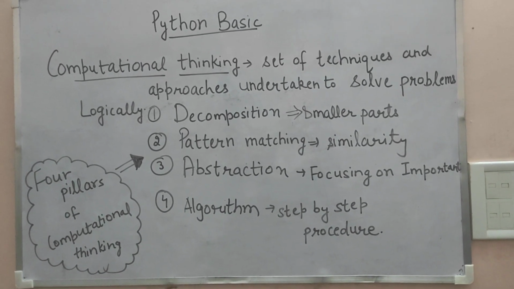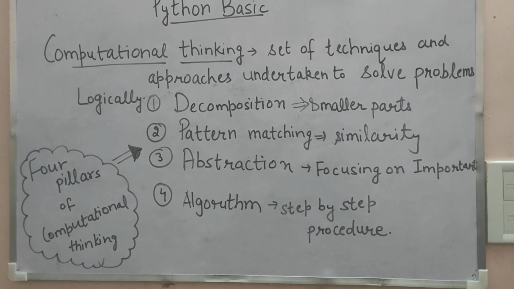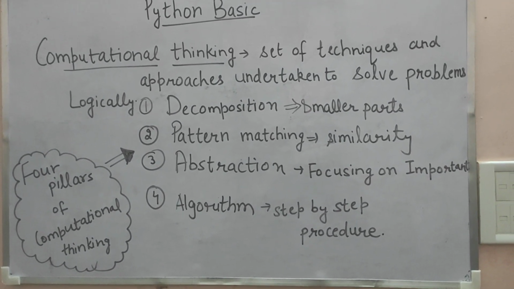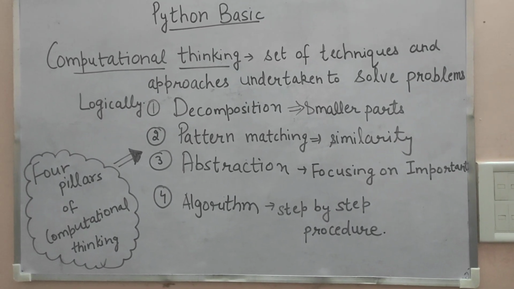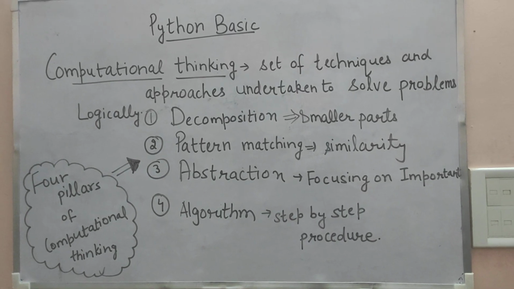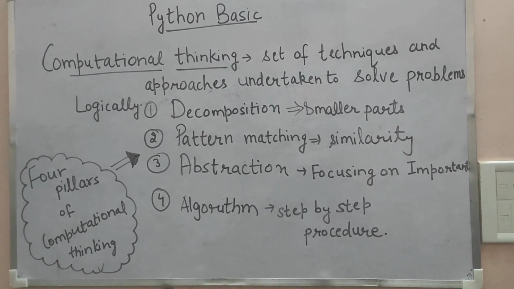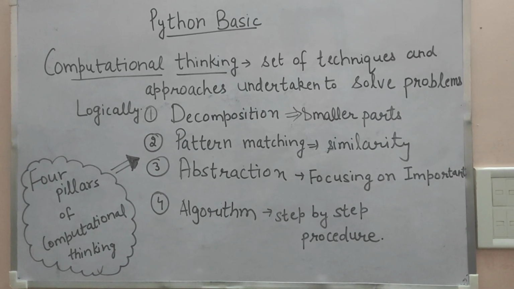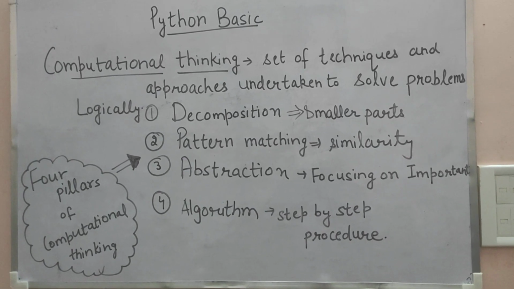Then there is abstraction. Abstraction is very important from the MCQ point of view, as we are preparing for the KVS. If you are preparing for KVS, TGT, PGT, it doesn't matter. Abstraction is a word that we learned in our first standards in computer class, right? In computer science, abstraction is basically focusing on the important things and ignoring the rest.